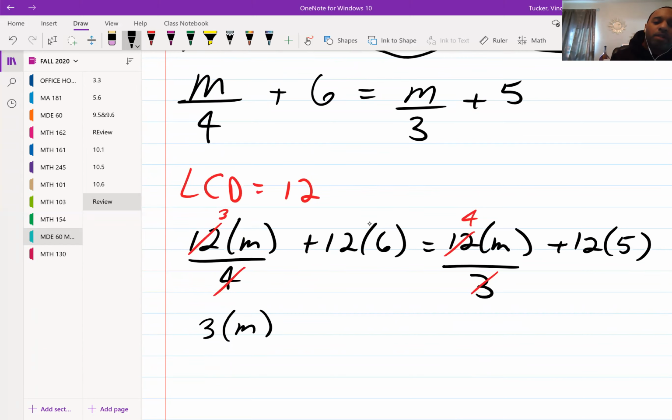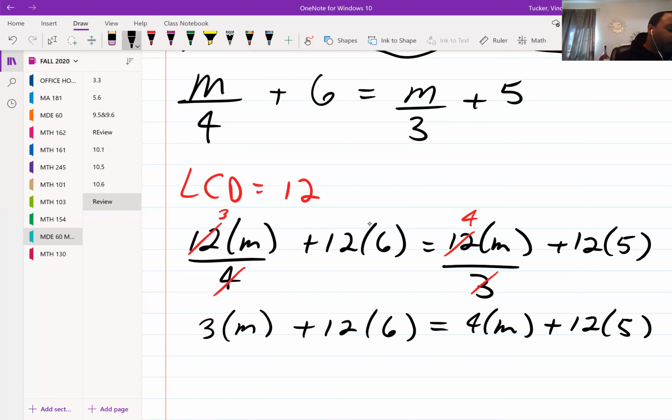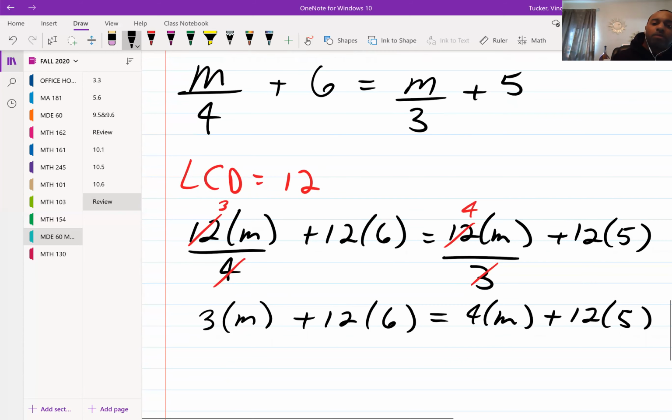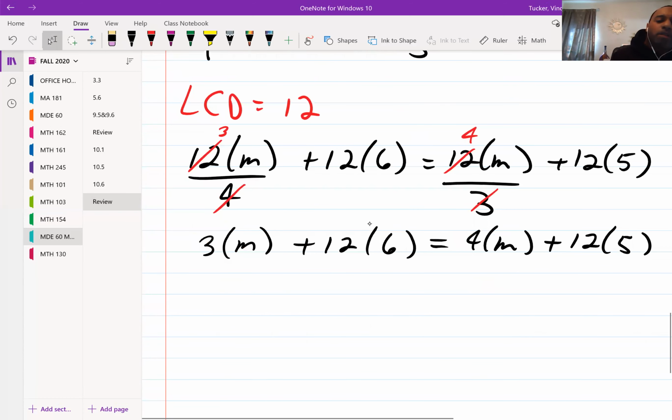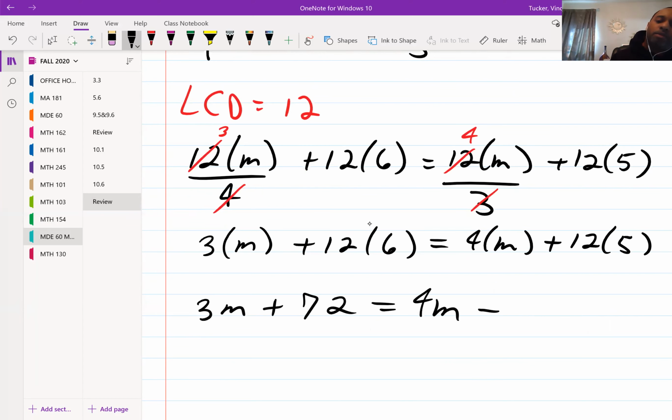I'm just writing down everything before I do the multiplication. All right. That simplifies to 3m plus 72 equals 4m plus 60.